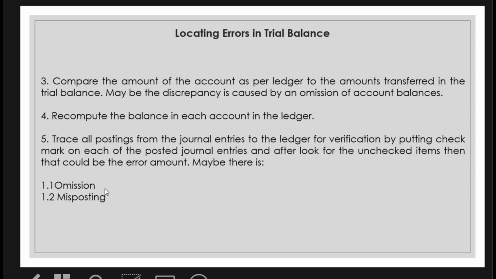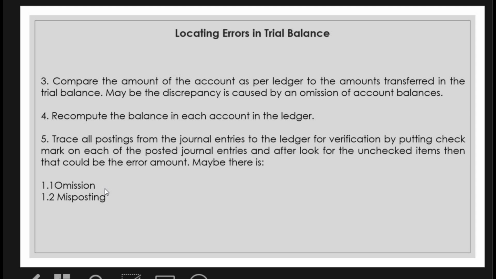Efficient way of locating error. So, you do not go immediately to your journal or general journal, but you do it, no, step by step. First, you scrutinize muna, you locate the error, doon muna sa trial balance. Kung wala talaga, you go back to your ledger.